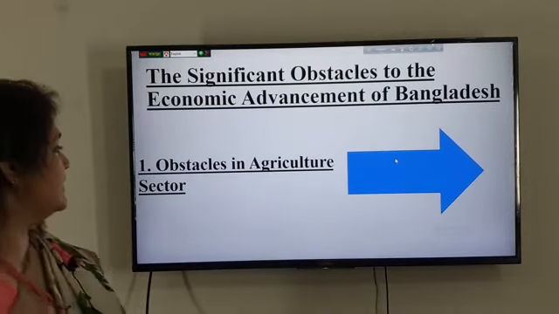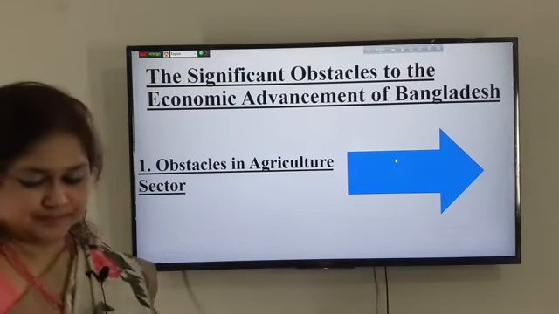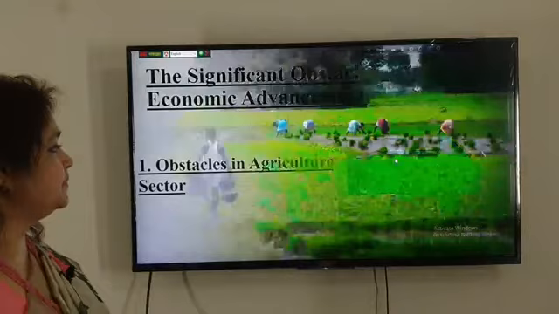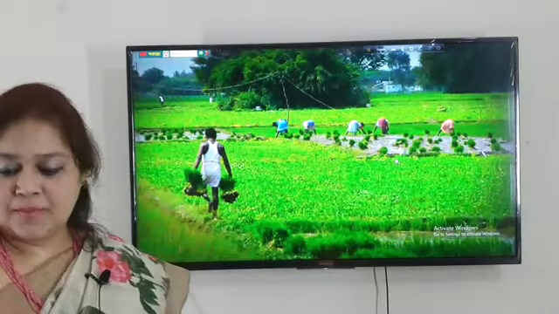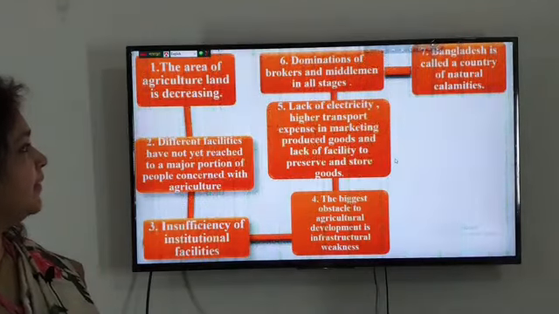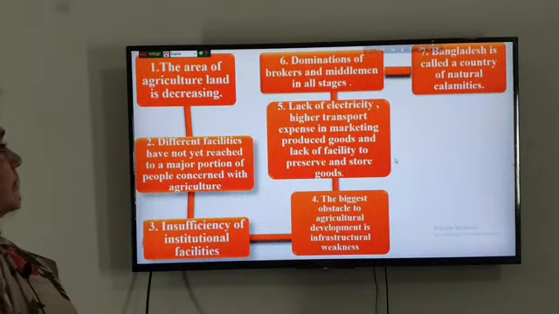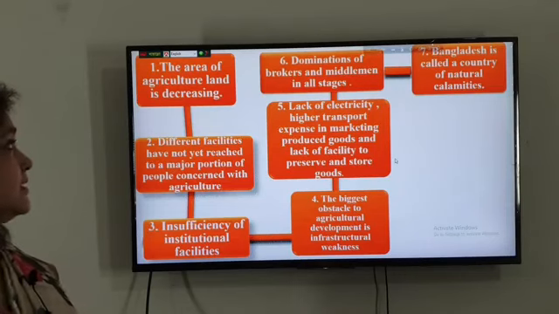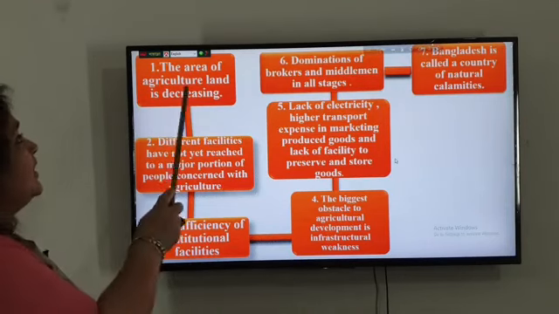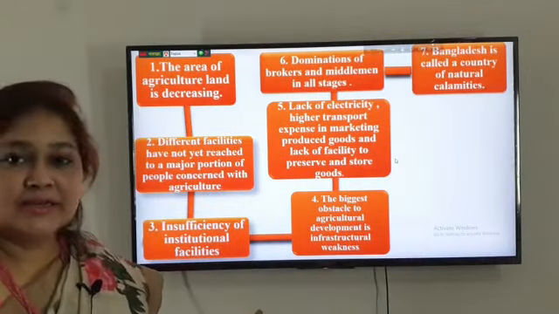Now, I will discuss the obstacles in the agriculture sector. The obstacles in the agriculture sector are, number one, the area of agricultural land is decreasing.